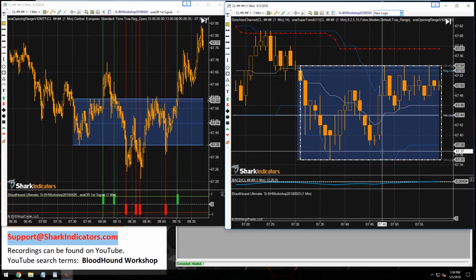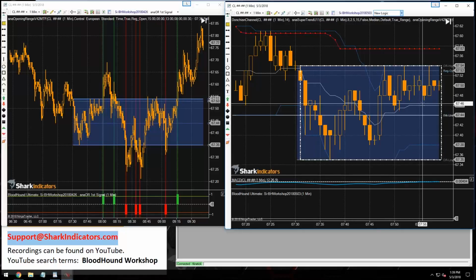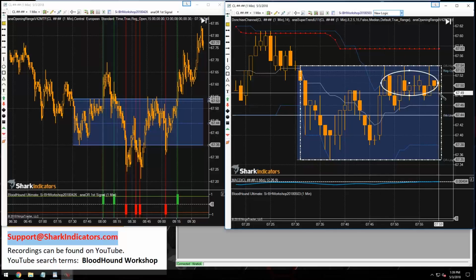What we will have to tell BloodHound is when the range is done. We'll have to put a limit on BloodHound's output so that it's not generating any kind of signal to BlackBird during this time.